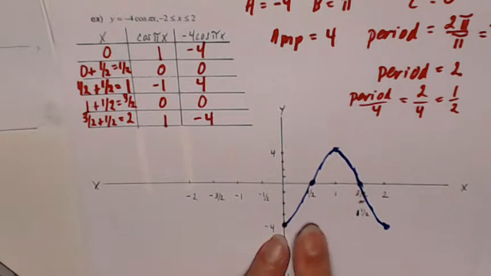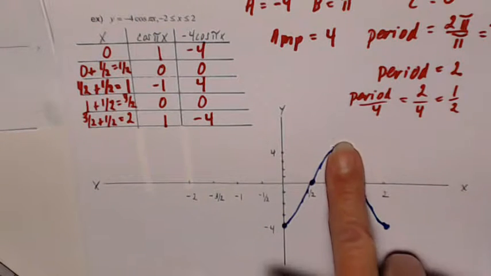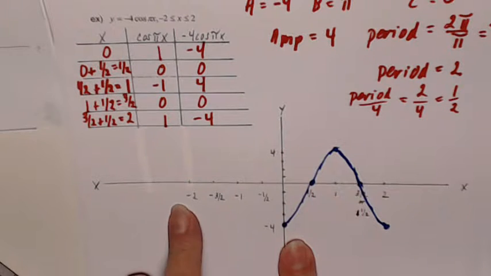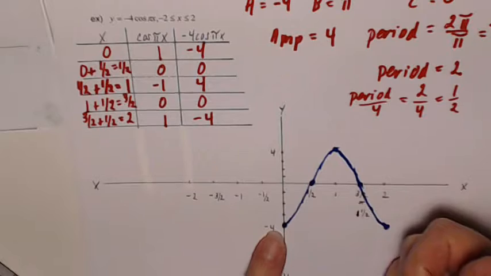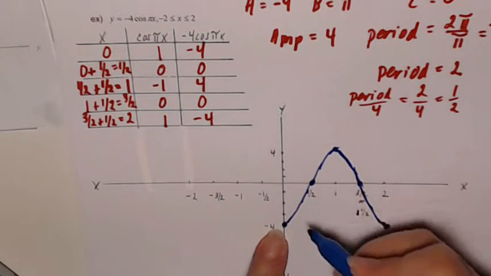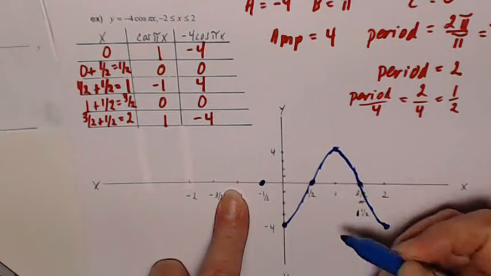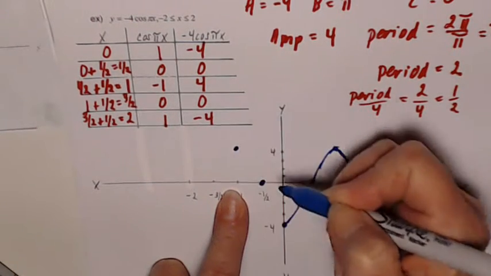So here's 0 to 2, but we need to continue this graph over here. So we continue the pattern. We know from here we would go up to an intercept. At -1, we're going to be at 4.